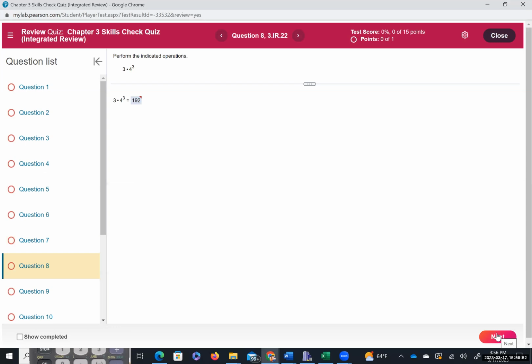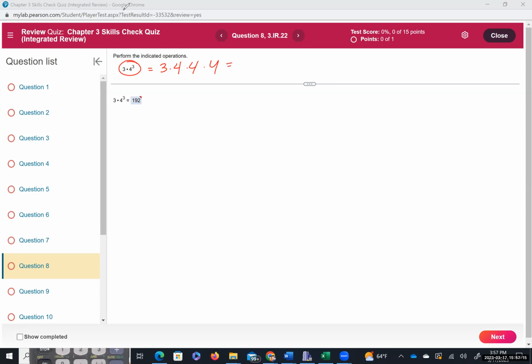Move to the next question. 3 times 4 squared, right? Sorry, I looked at the wrong one. 3 times 4 to the power of 3. So it's going to be 3 times 4 times 4 times 4, all right?